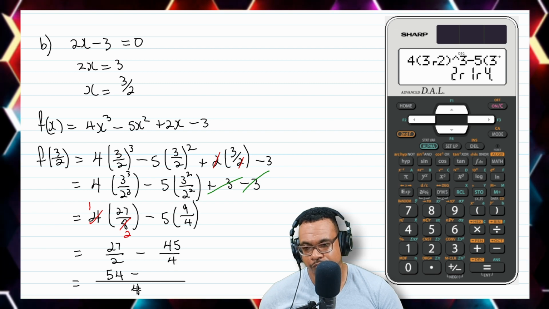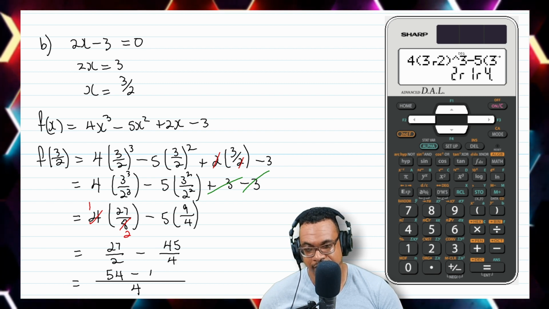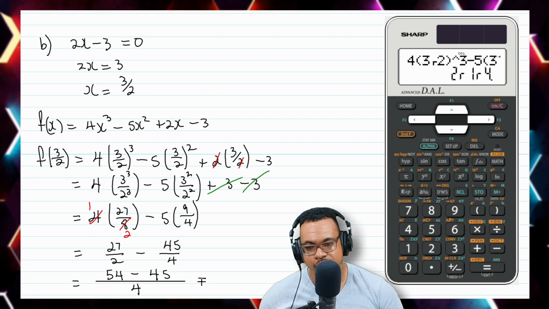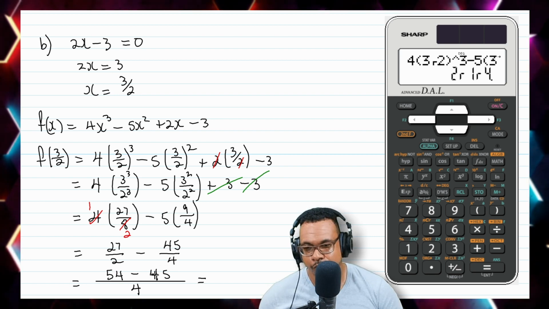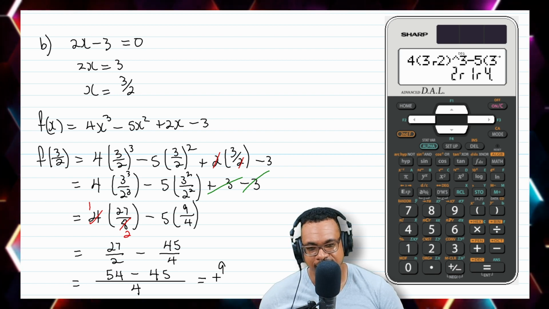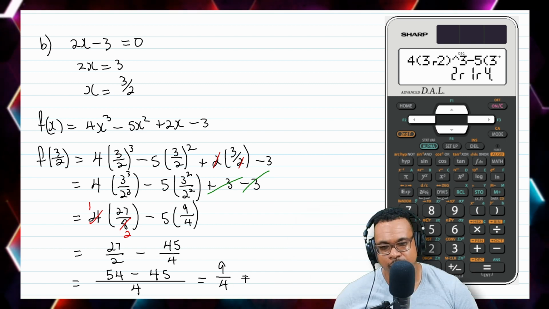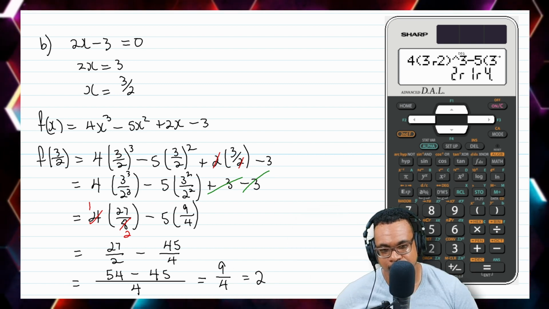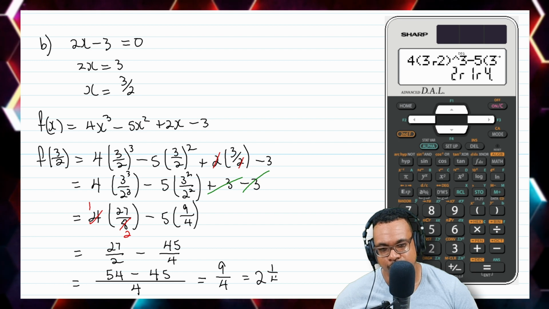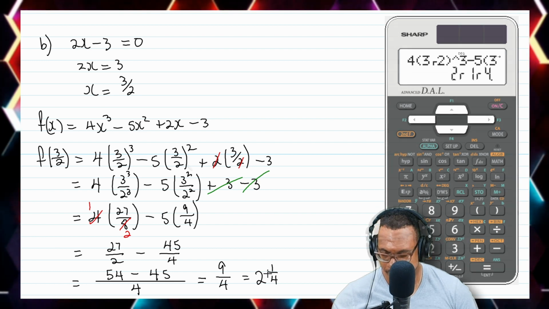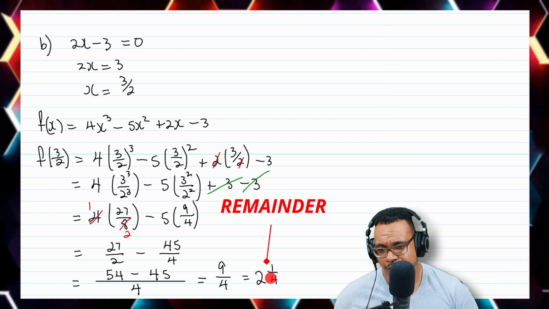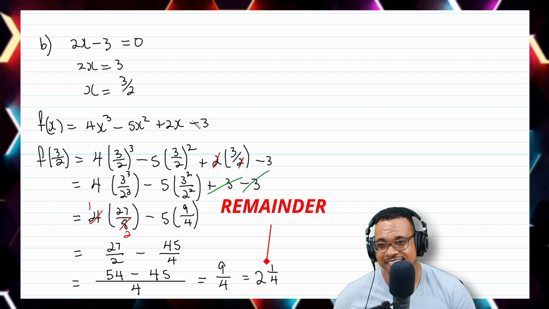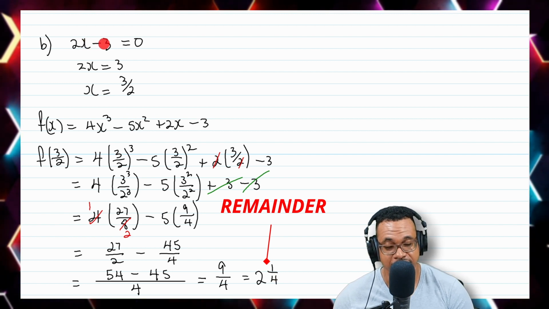Take away 4 into 4 is 1, 1 times 45 is 45. And this would be equal to 54 take away 45 is 9. So we're going to have 9/4, which is equal to 2 and remainder 1/4. So 2 1/4.